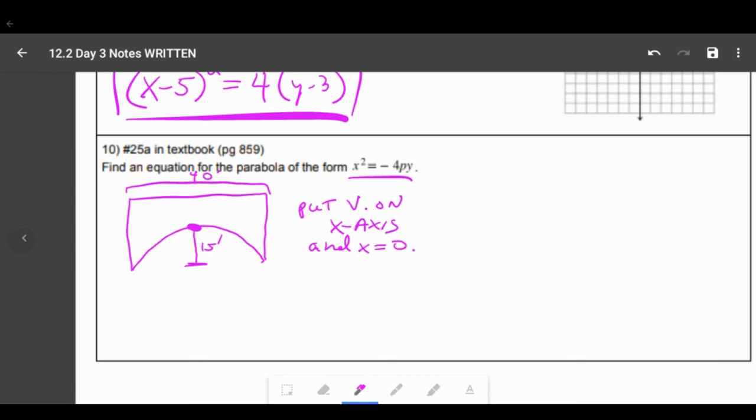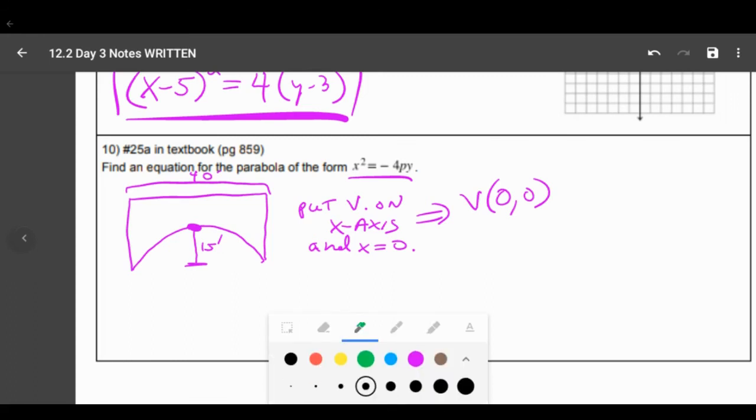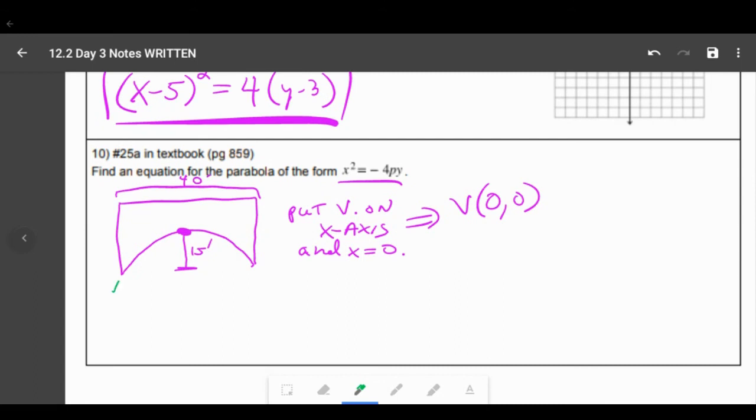Well, simply put, all this information is telling us is that our vertex is at 0, 0. Okay? So what I got to do is find the equation of this particular parabola, right? Put it in green. We'll highlight that in green. So that's what I need to figure out. What's the equation of that?